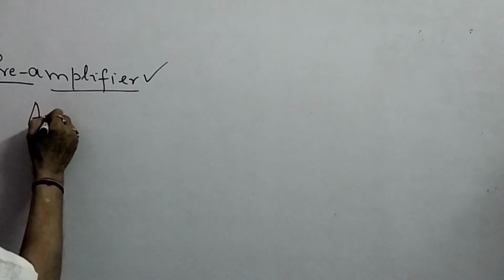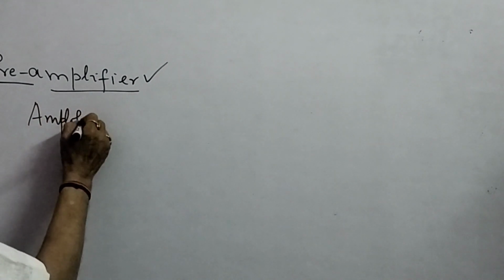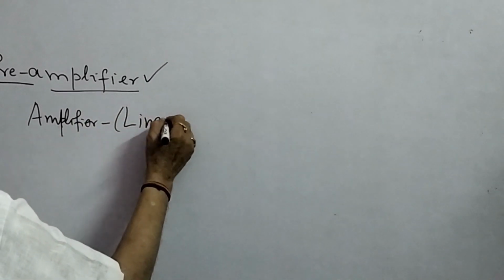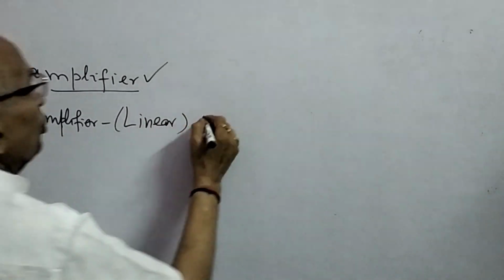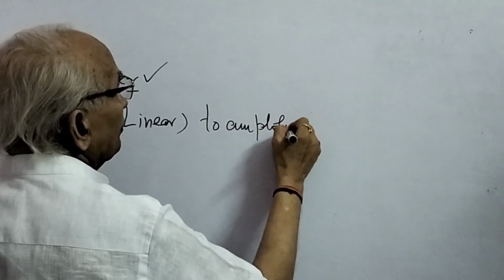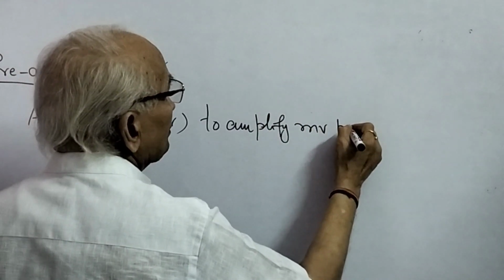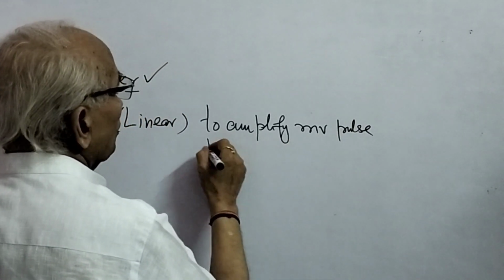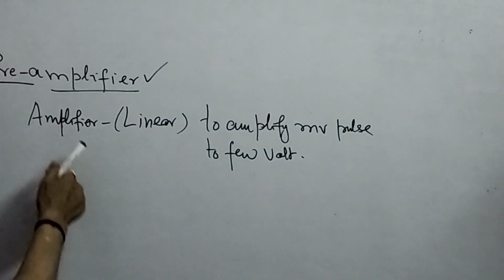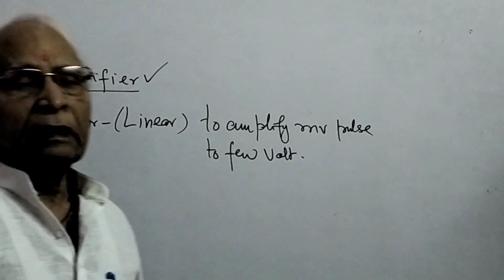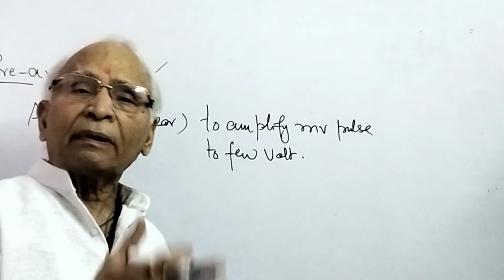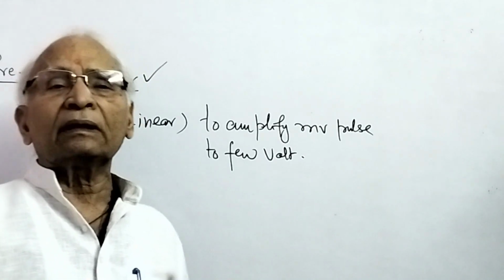And what is the amplifier? It is a linear amplifier. This is to amplify millivolt pulses to a few volts. This amplifier has a cascade of amplifiers: several common emitter transistors connected together in series.